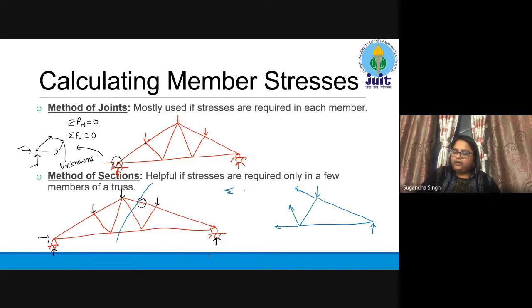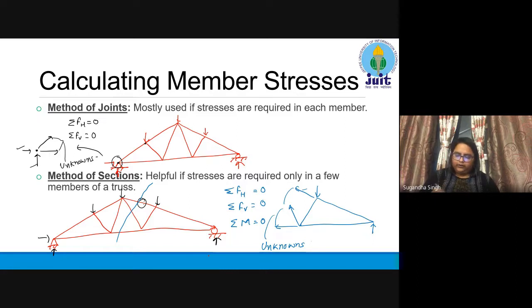After satisfying all overall equilibrium of the structure, that is three equilibrium equations, we can find out the stress in this member. There are three unknowns again. These are the unknowns and three equations. So we can find out these member stresses.